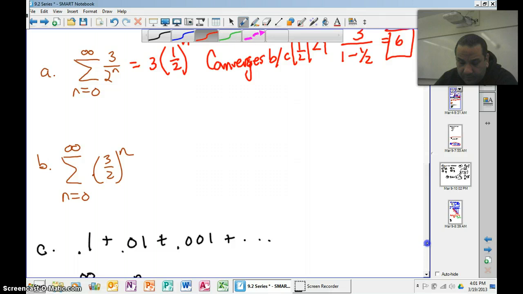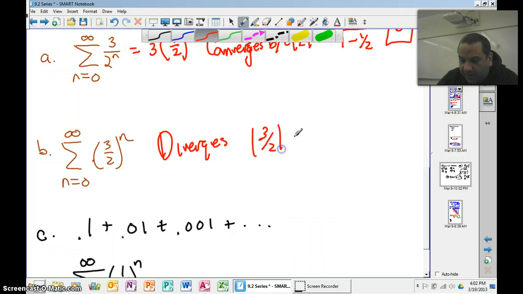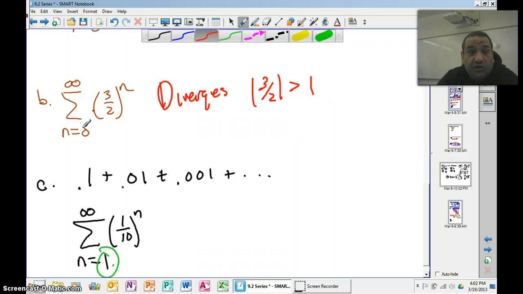Next problem. This one. Ooh, diverges. Because why? Because the absolute value of 3/2 is greater than 1. Look at the next one. Sometimes they don't give you the sigma notation. They'll give you some of the terms or elements of the series. So I recognize this to be the first one, second one, third one.